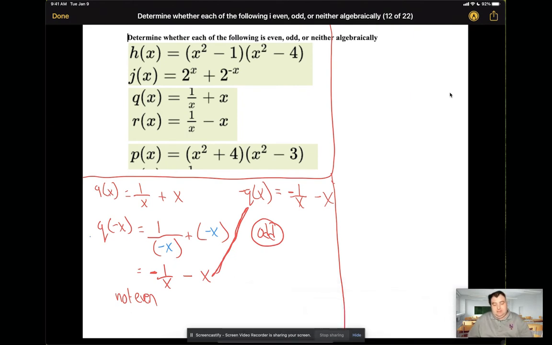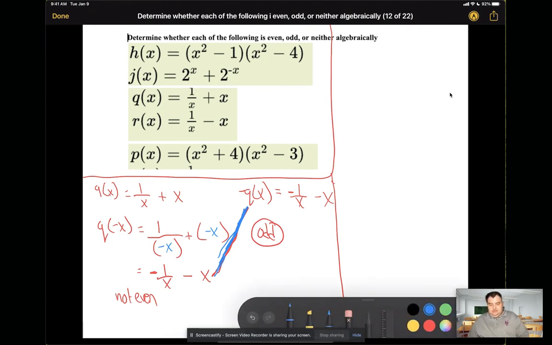Then I compared these two things and saw that those were the same, which makes it an odd function. If these two things were not the same, then that would mean it's not even and it's not odd, which means it would be neither. So q of x is an odd function.